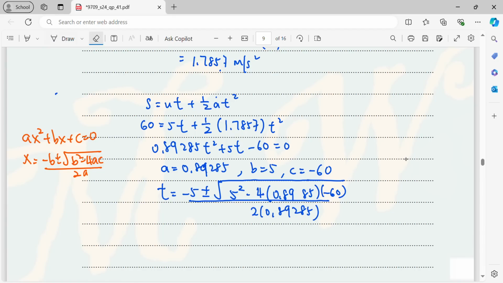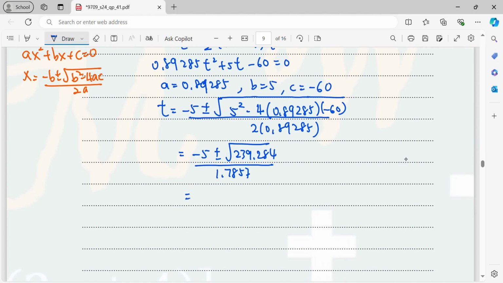Then from here, you will be getting the answer, or probably I show you the value inside the bracket first, inside the square root. The square root value is the square root of 239.284 over 1.7857.